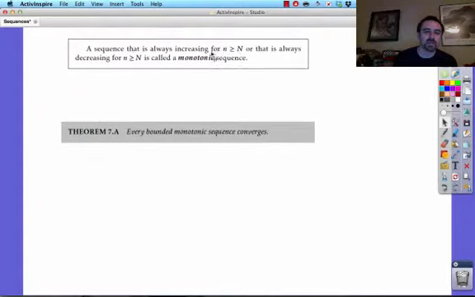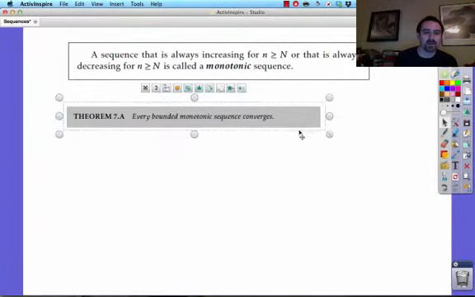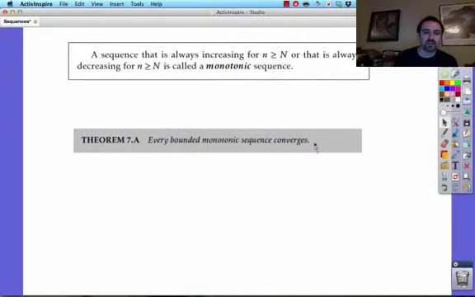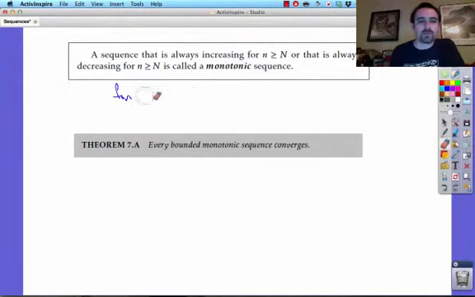Okay, finally, one last thing we need to talk about, and that's this notion of monotonic and boundedness. Now, the idea of monotonic and boundedness is pretty straightforward. Monotonic simply means that after a certain point, we have a situation where every successive entry is greater than or less than the previous.